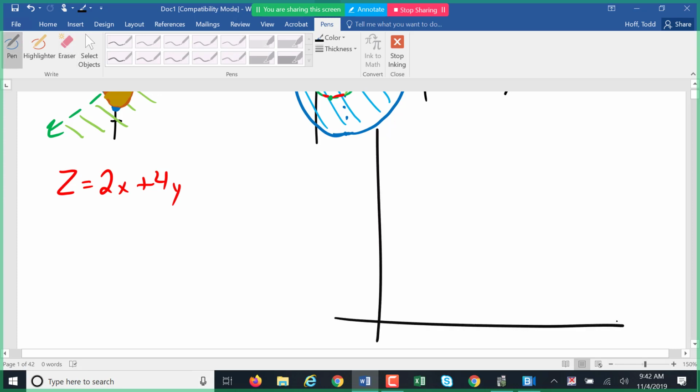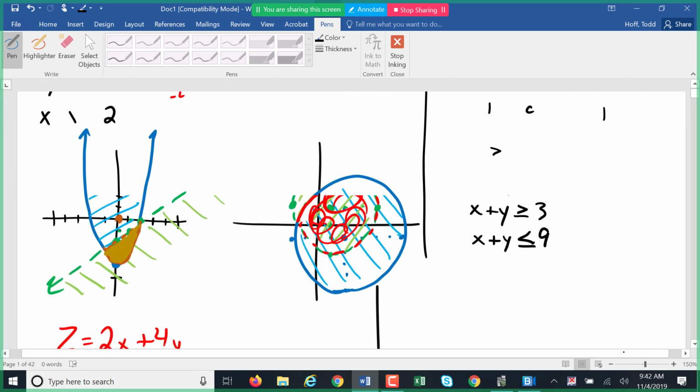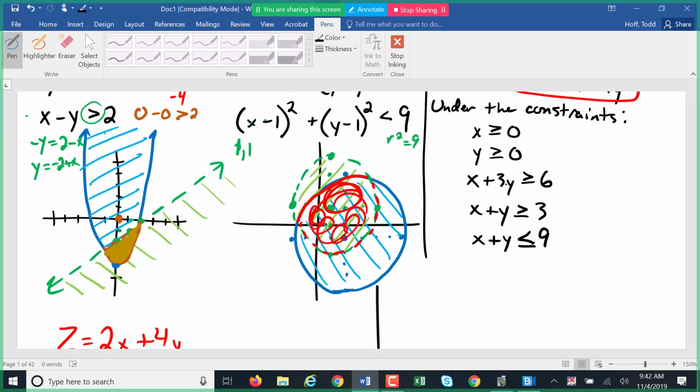Two of our constraints are x is greater than or equal to 0 and y is greater than or equal to 0, which tells us that we're only working in this first quadrant. That's all we need to worry about. Our third one is x plus 3y greater than or equal to 6.